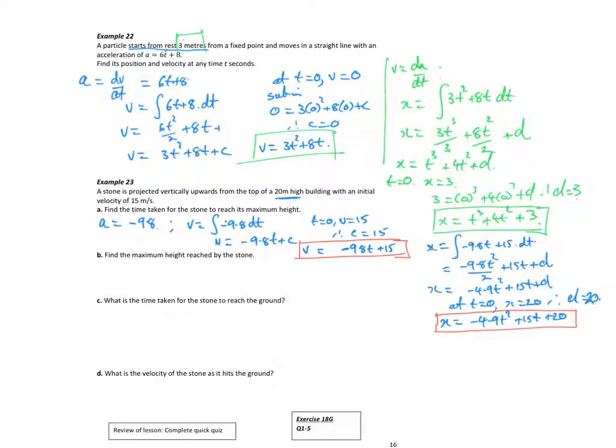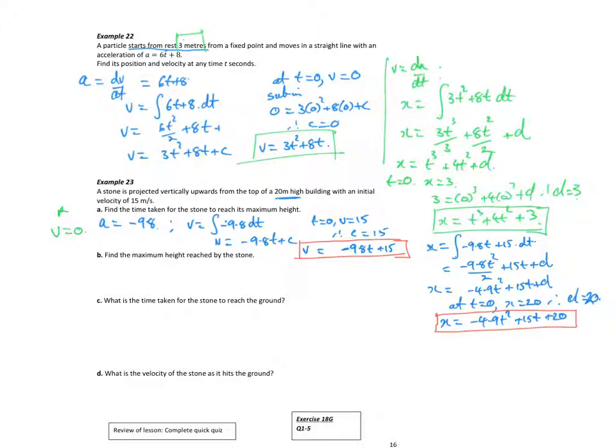Let's just rub out that line in front. That shouldn't be there. All right, so find the time taken for the stone to reach the maximum height. So when does the maximum height occur? If I throw a stone up in the air, it's going to reach its highest point when my velocity is 0. So I need velocity equal to 0.